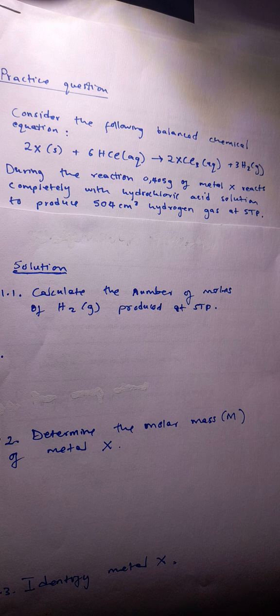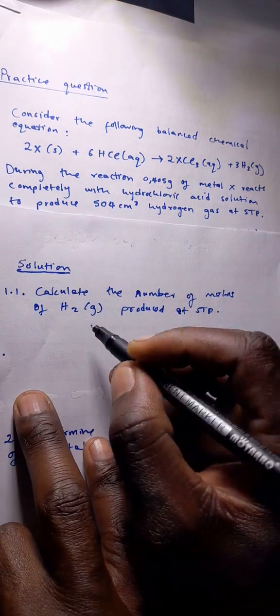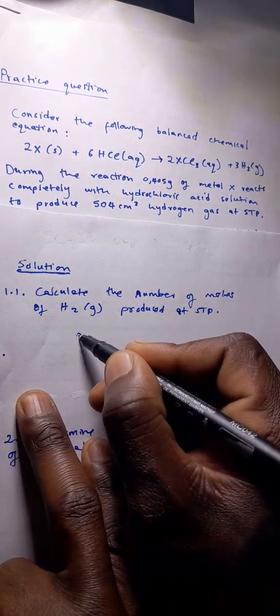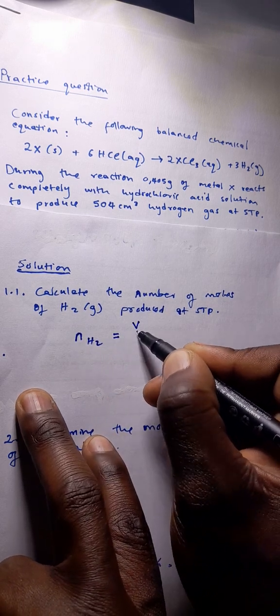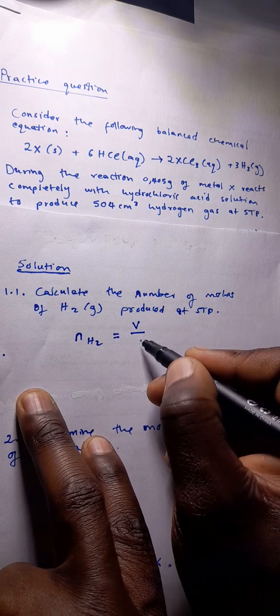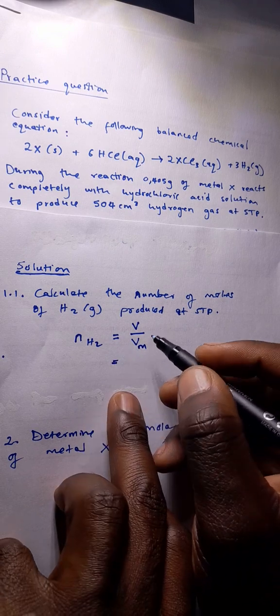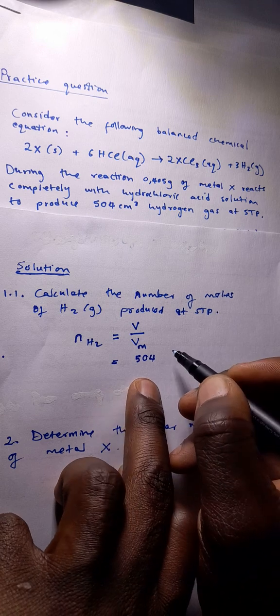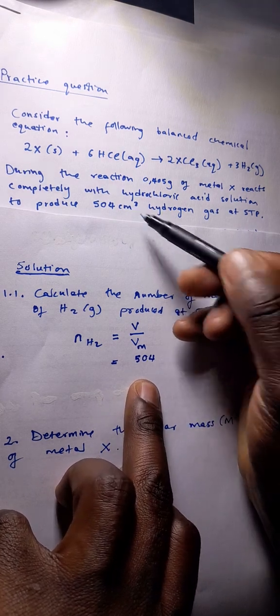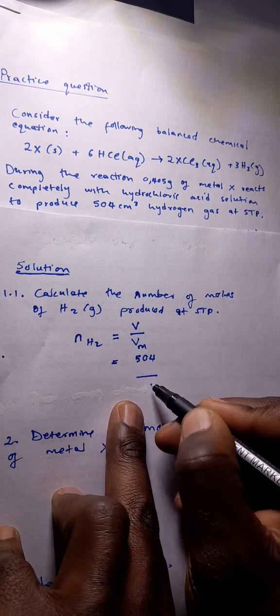So we are looking for the number of moles of hydrogen gas, which is equal to the volume of the gas produced over the molar volume. What is the volume of the gas? It is 504, please note it's in cubic centimeter, and we are going to divide with the molar volume, that is what?